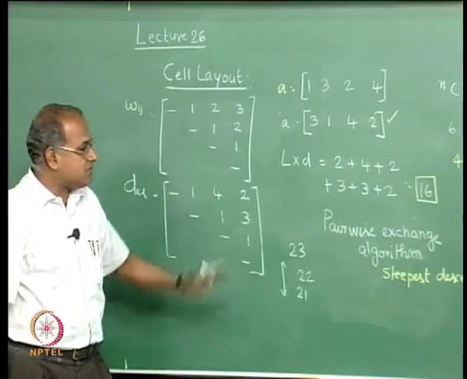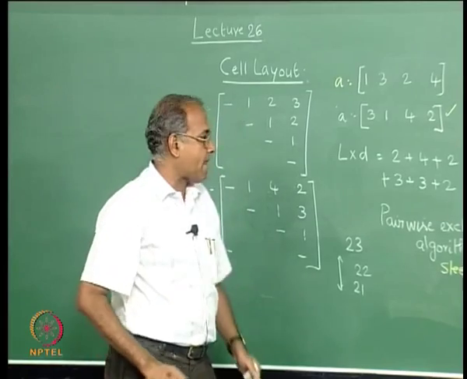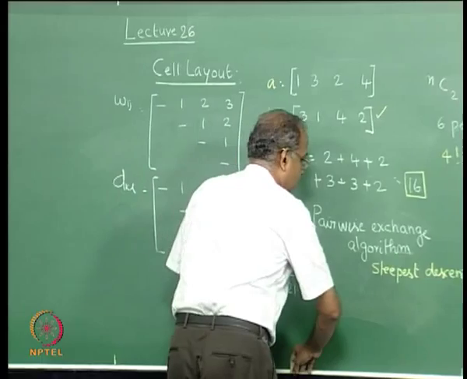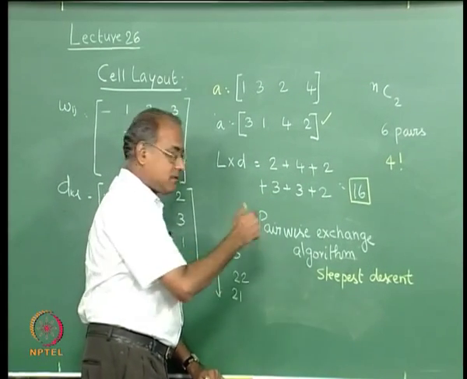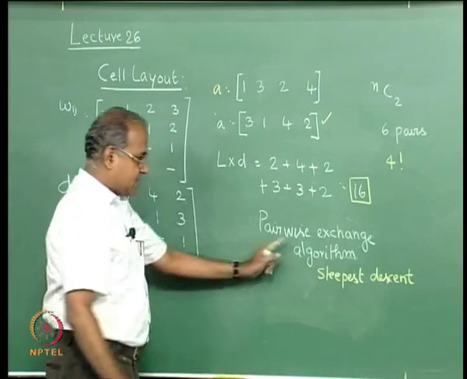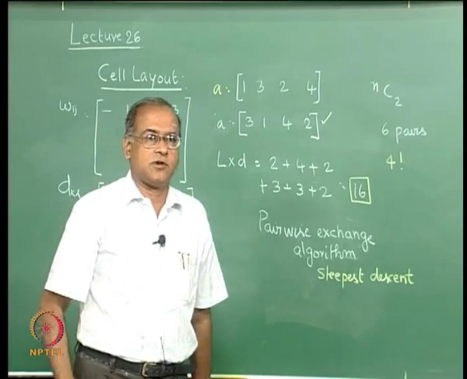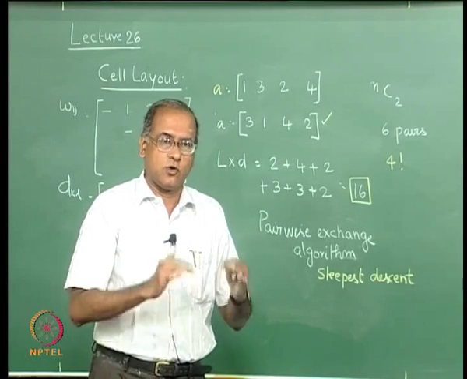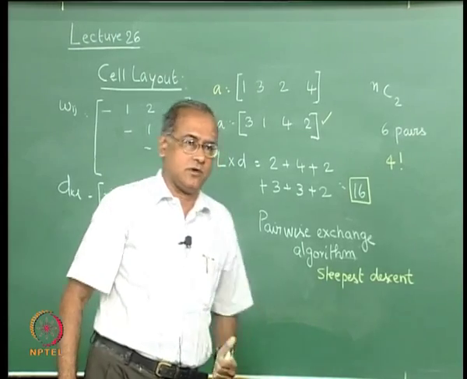Steepest descent is a well known heuristic to solve the quadratic assignment problem, and we have used the steepest descent heuristic from Ullmann to do this algorithm. Now, does this give the optimum solution? It does not guarantee the optimum solution. Many times it gives a good solution, but does not guarantee an optimum solution.